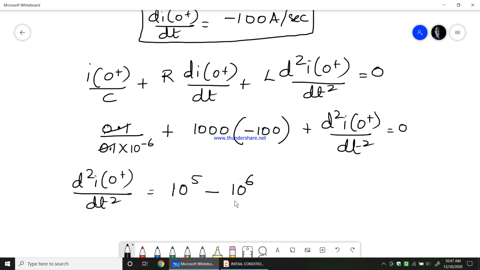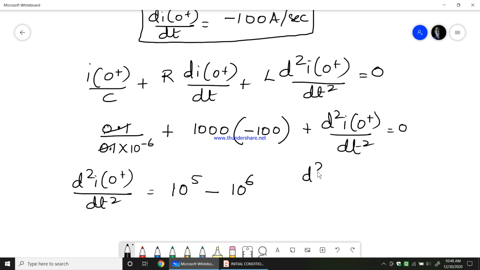So if I subtract 10 power 5 with 10 power 6, I'll be getting minus 9 into 10 power 5.